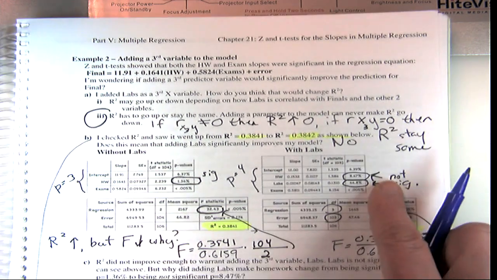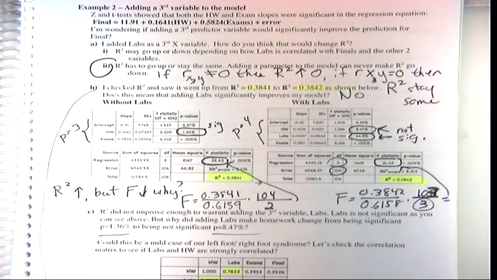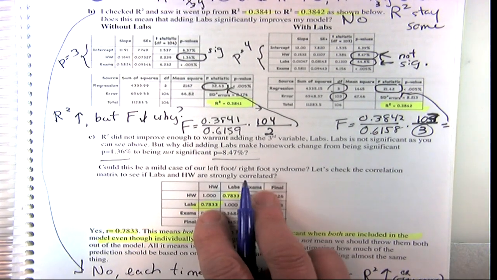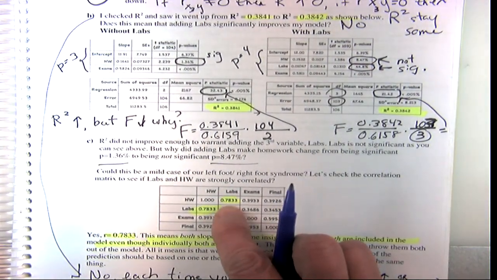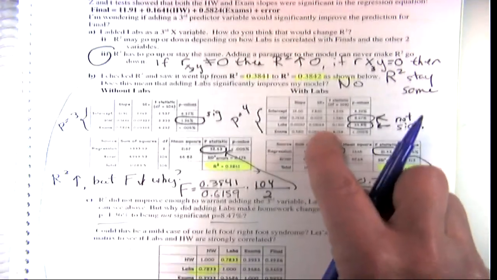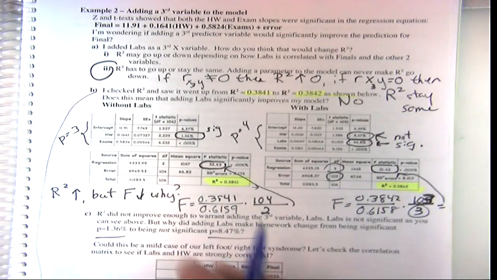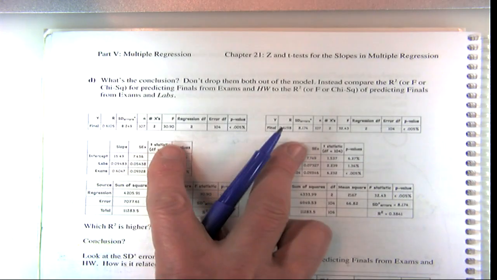The reason this happened is that homework and labs were very highly correlated, so we really can't trust these estimates of the slope with very highly correlated variables. So on the next page, we're going to compare these two models.